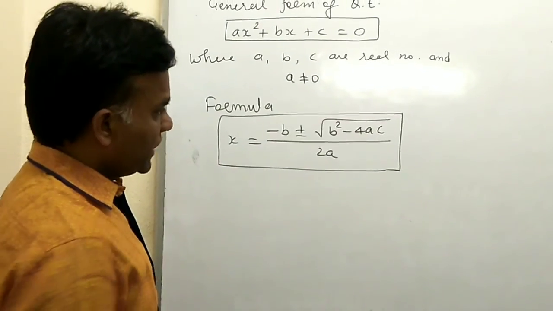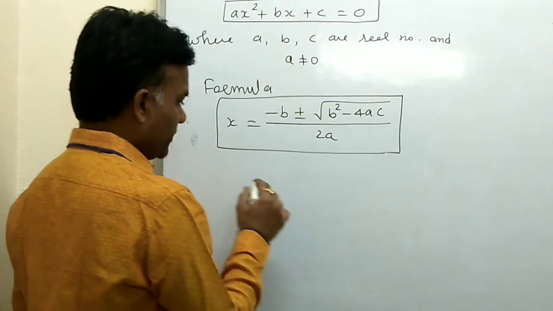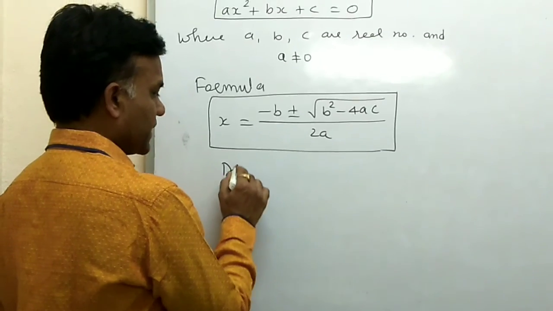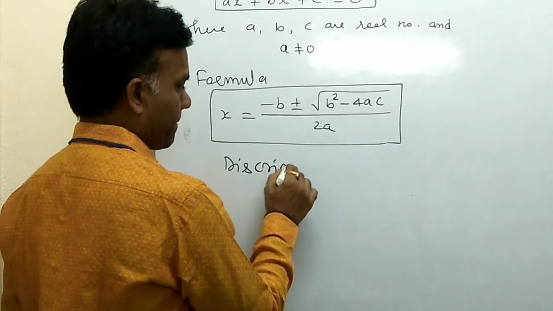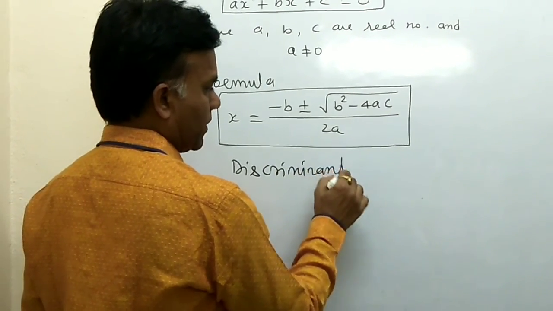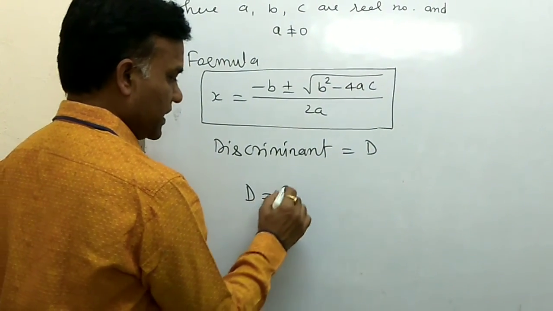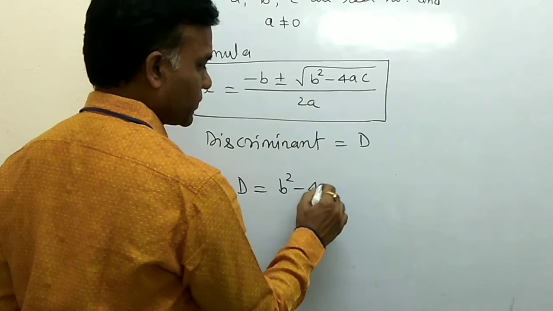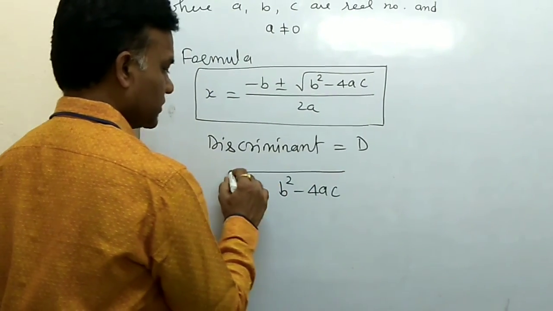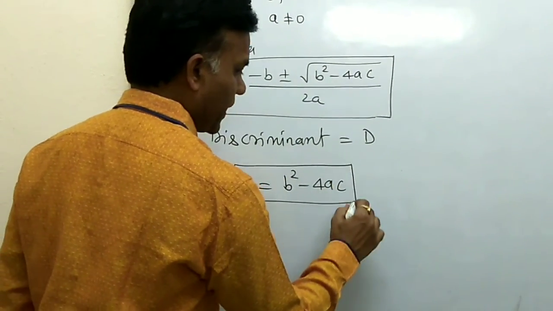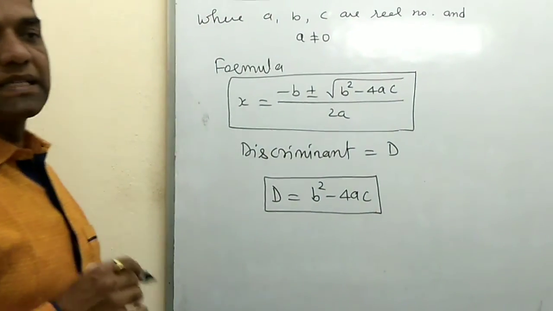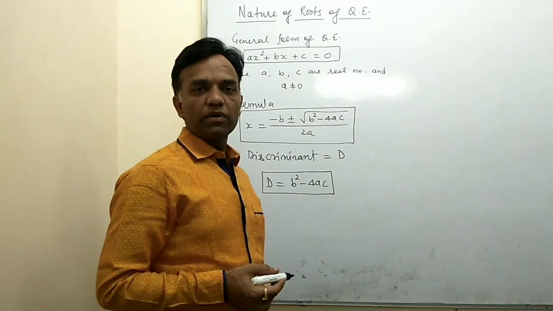Now the part inside the square root is called the discriminant. It is denoted by capital D and its value is D equal to b square minus 4ac. This is a very important part, because the discriminant decides the nature of the quadratic equation's roots.